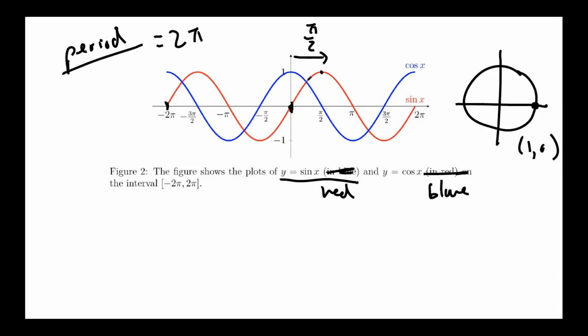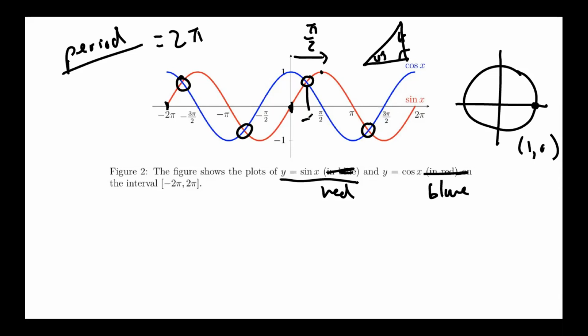Then we can also talk about some of the points where the two graphs intersect. So here are some of the intersection points. And notice that these also occur periodically. And this will only happen when we have a 45, 45, 90 isosceles right triangle.